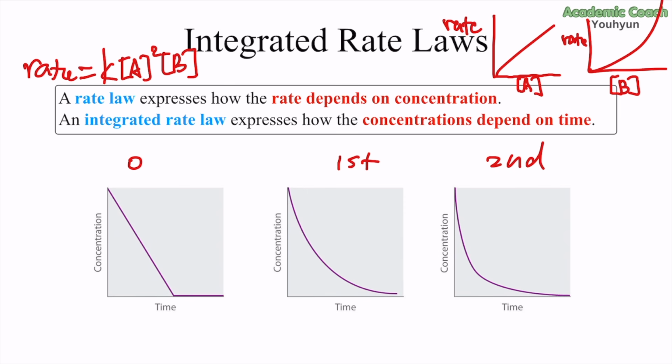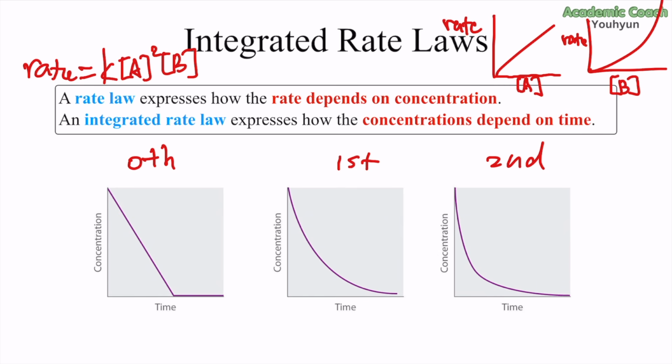For zeroth order, it's very obvious because it's a linear line. It decreases at a constant rate. And for first order and second order, they are tricky. Second order has a deeper curve, but depending on how you zoom in or zoom out the x-axis and y-axis, it's almost impossible for us to visually determine if that curve represents first order or second order.